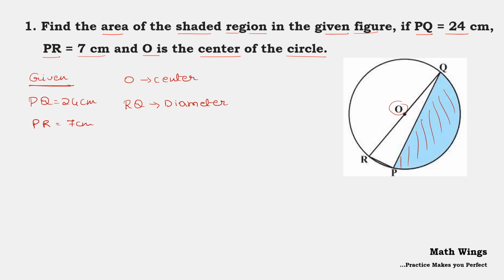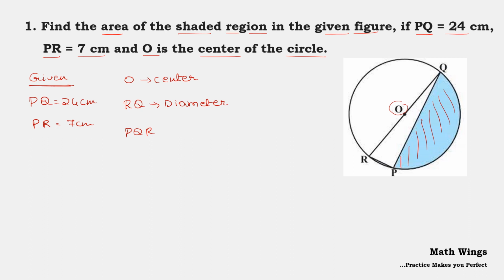How can you find the area of the shaded region now? Before going to that, we have to see the triangle inside the semicircle, the triangle PQR.